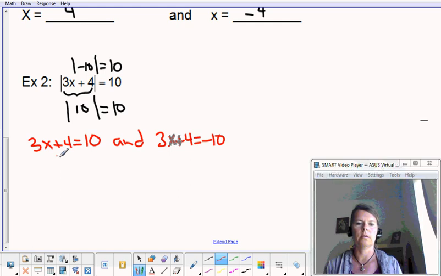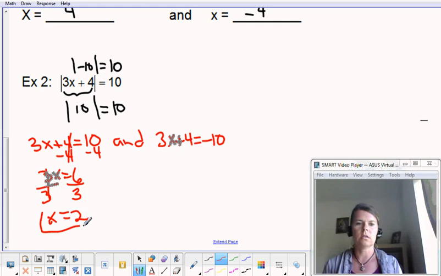So you minus 4 to both sides. And we divide by, what do we divide by? 3. And so then you get x equals 6 divided by 3 is 2. So that's just one of the answers.